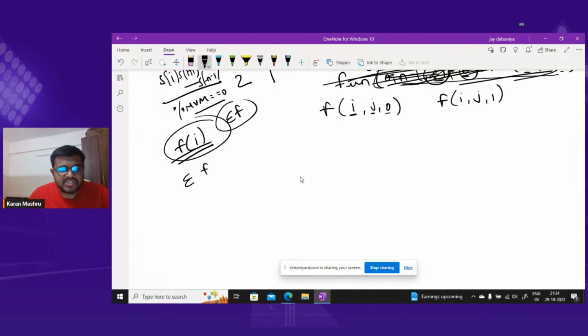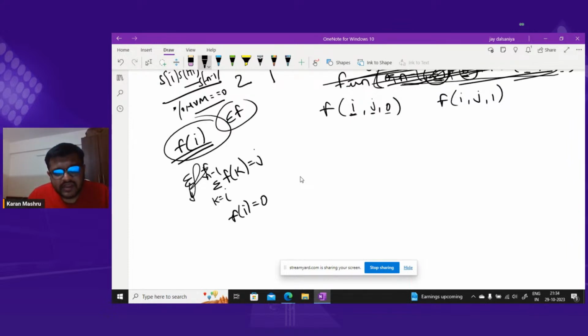That summation over k equals I to n minus 1 of f of k is equal to j, and f of I is 0. That is what it is telling. If we calculate the summation of f over all the suffixes starting from index I, it should be equal to j, and the suffix starting with index I has the XOR value 0.